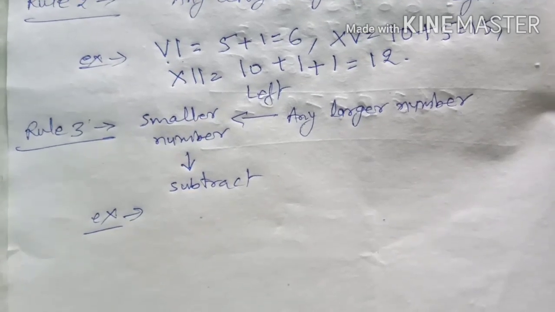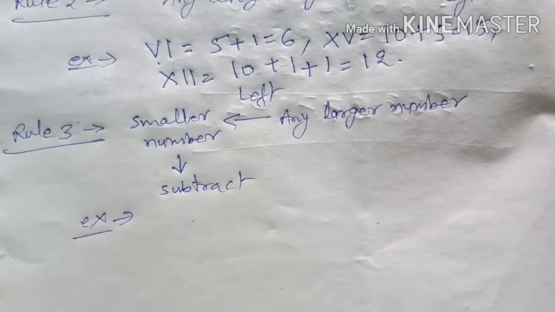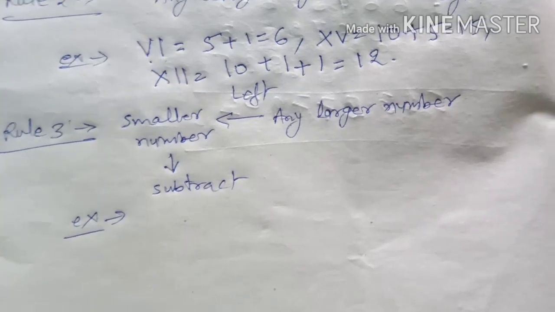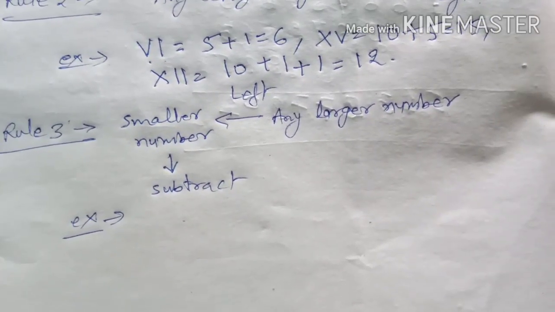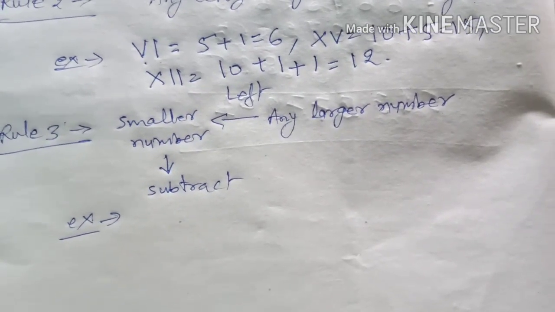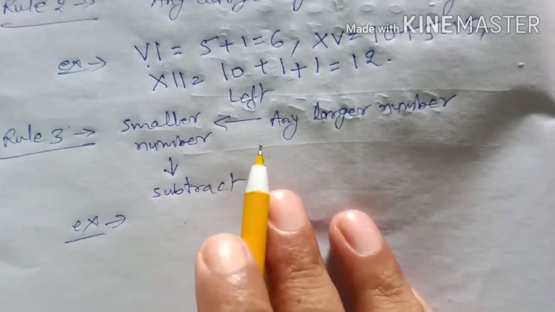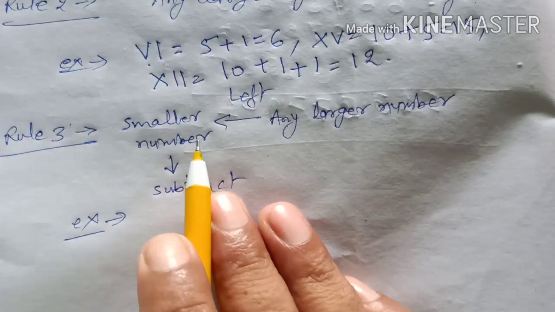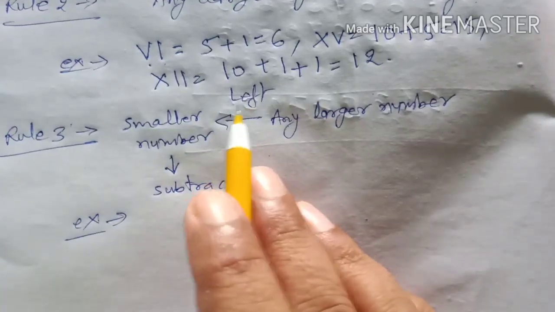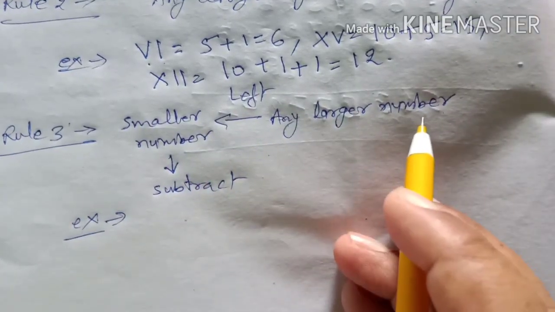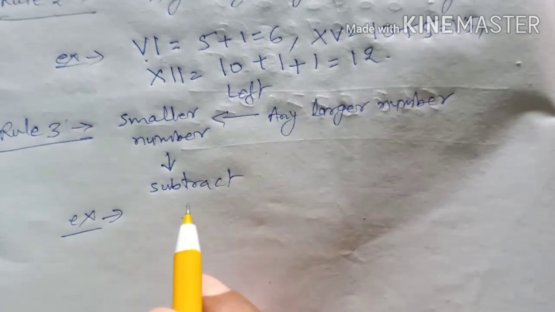According to what we have seen in rule 2, likewise rule 3 tells us that if any smaller symbol lies to the left of any larger symbol, that means subtract.